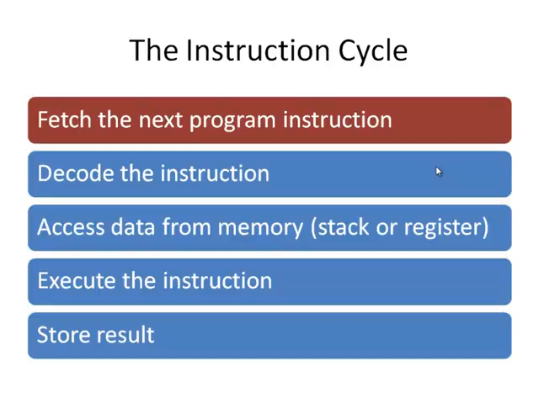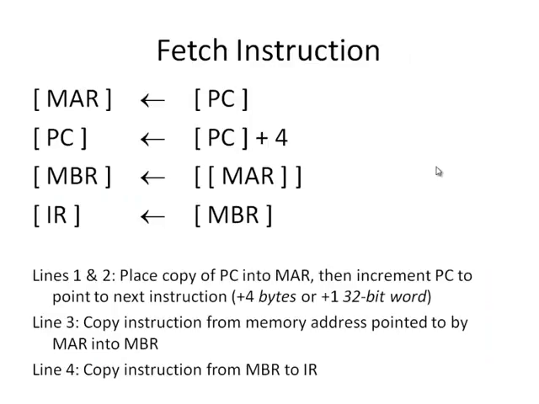So to fetch the next program instruction, we can also look at this using something called register transfer language. And here you might recognise these names. These are the names of some of the different components of the CPU. In this case, to fetch the instruction, we're going to copy the value currently stored in the program counter over to the memory address register.